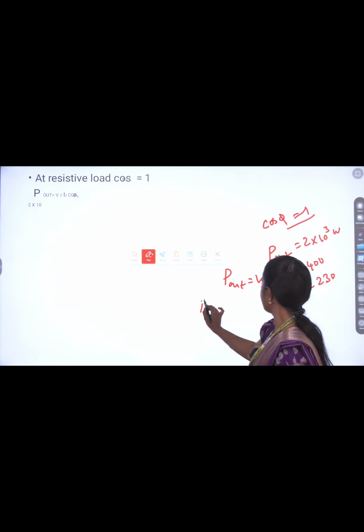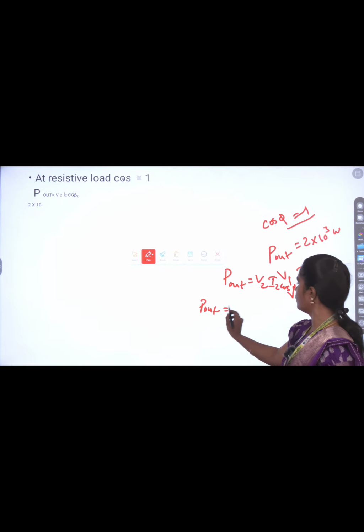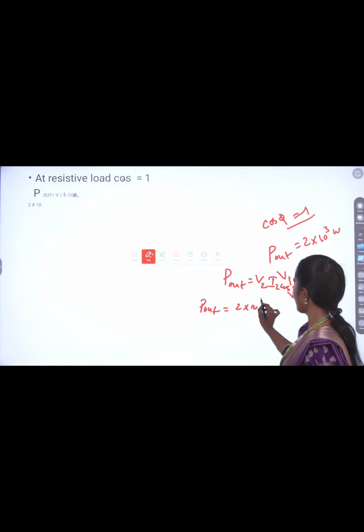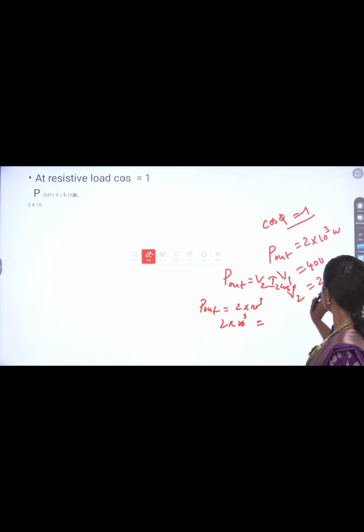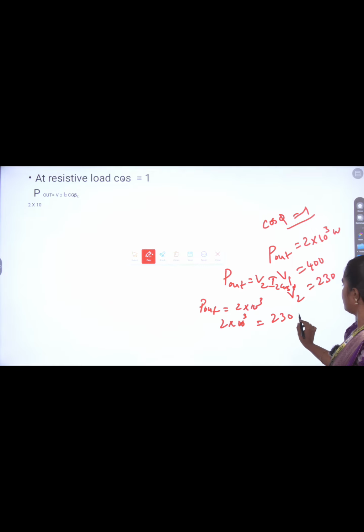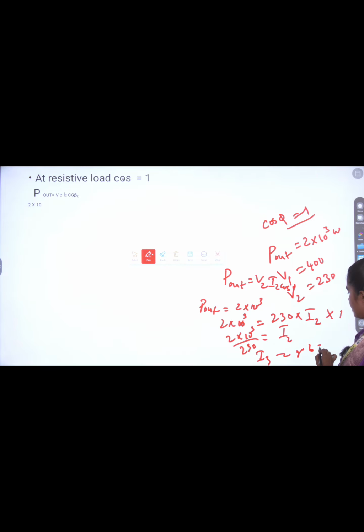We already know the value of output power, 2 into 10 power 3, equal to V2, the secondary voltage 230, into I2, the unknown current, into cos phi, which is 1. So we solve this and get 2 into 10 power 3 divided by 230. So the I2 value is approximately 8.69 amps.